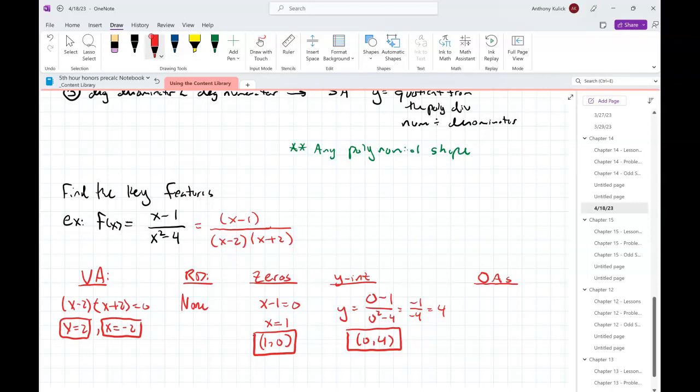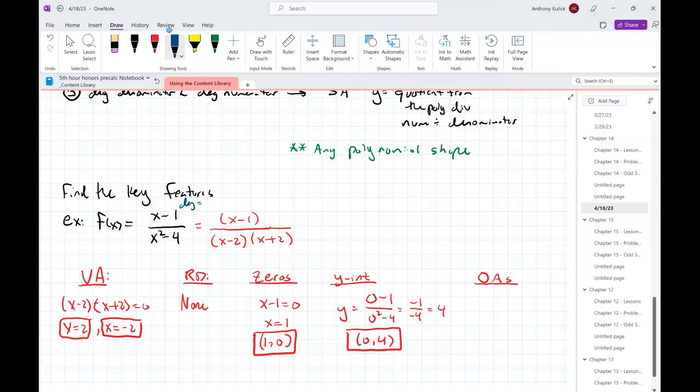And then I'll write OAs just for other asymptotes, whether they're slant or horizontal. We'll make that decision here in a second. Which case have we landed in? Case 1, 2, or 3? The degree of the numerator is 1.